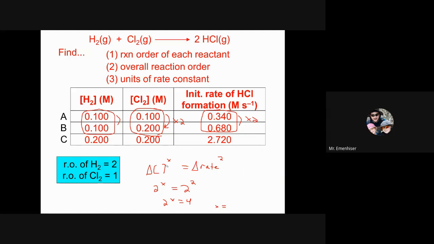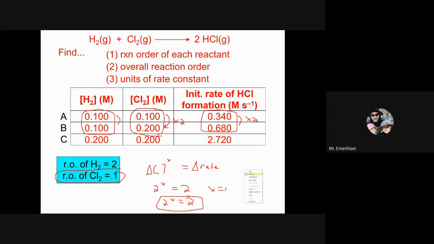If I change the rate to power and set it equal to the change in the rate, let's just change that to 2. There we go. Okay. So 2 raised to some power is equal to 2. So x must be equal to 1. And that means that it is first order with respect to chlorine.